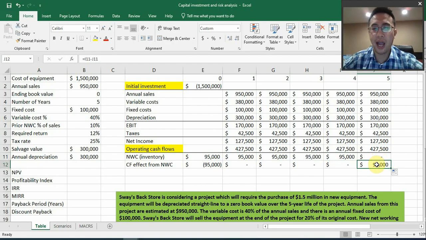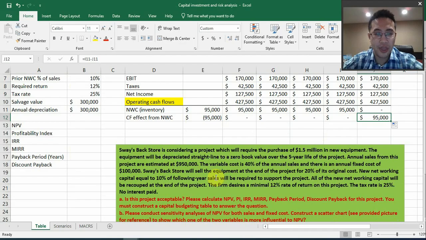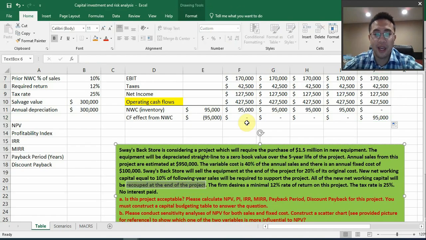So you have a positive inflow of cash, because at the very end you liquidate all your inventories, sell off all your short-term assets, or collect all your bills, and then you get all the cash back. If you read the paragraph, it also says that all the new net working capital will be recouped at the end of the project.